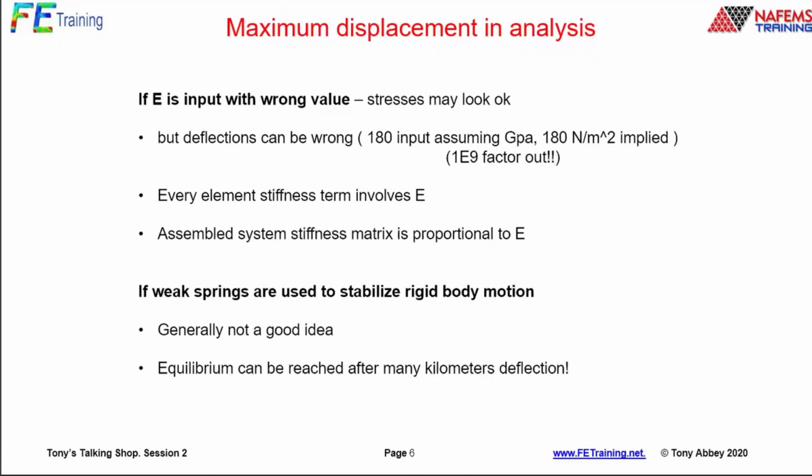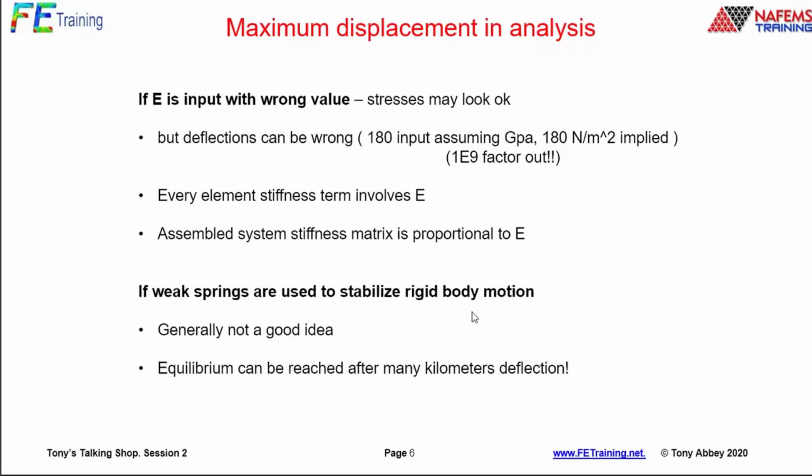That's going to be a huge deflection. If you're too small, you're going to get deflections of 1e9 out. That's where possibly your CNC machine is going to start deflecting as if it was an Airbus wingtip. Every element stiffness term involving Young's modulus is proportional to Young's modulus. We assemble them together, everything's proportional to Young's modulus. And so the deflections, when we invert that and get the solution out, that's the kind of thing that's going to happen.